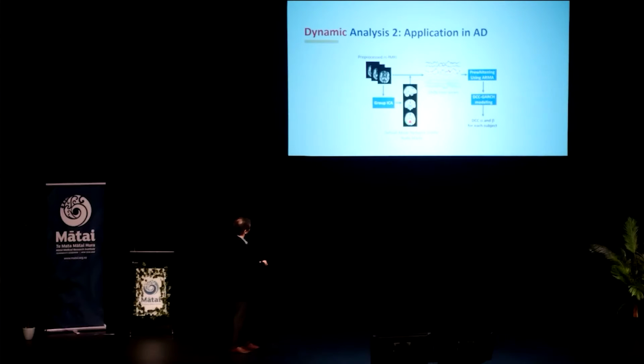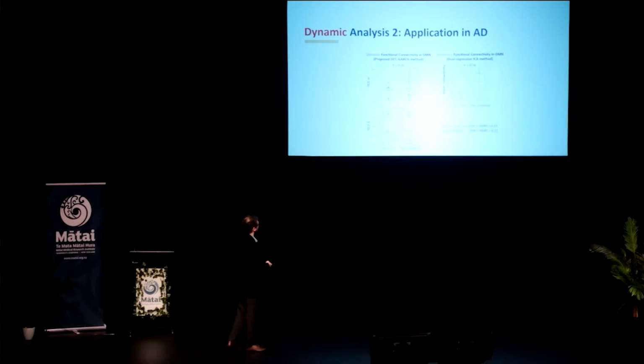So we used that again for developing biomarkers for Alzheimer's disease. We looked at the default mode network, extracted the time courses, and then modeled the dynamic correlation between these time courses using the DCC-GARCH model. And these are the results that we got.